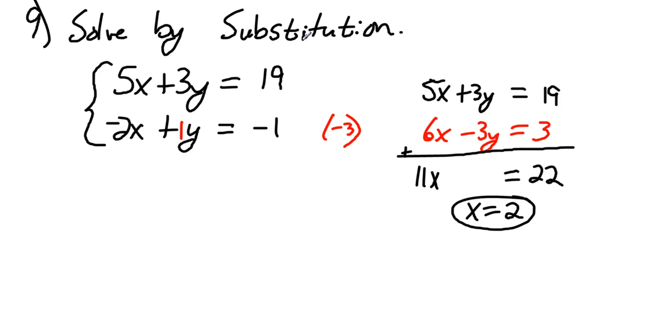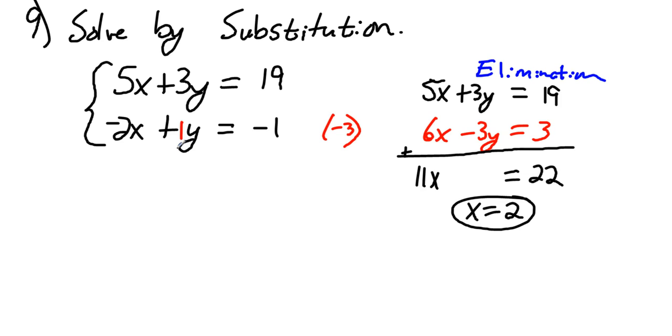Yeah, because if we're going to do elimination, and here's why I go with elimination on this one: if they've got everything lined up, it's probably a lot faster to do elimination than it is to do substitution.